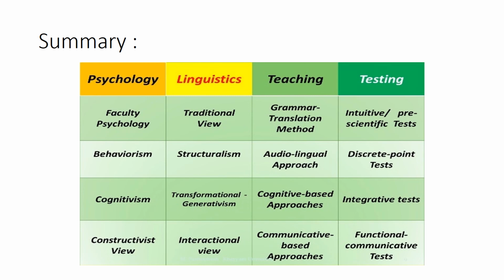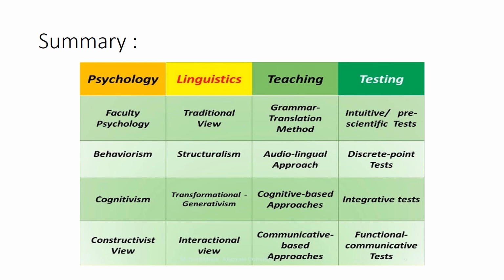They were combined with each other and they produced for us, in teaching, the grammar translation approach or grammar translation method. Okay, now what about testing? What is the method or the approach that was used in testing at that time? It was the intuitive approach, or the intuitive method, or the pre-scientific tests, or the pre-scientific era.